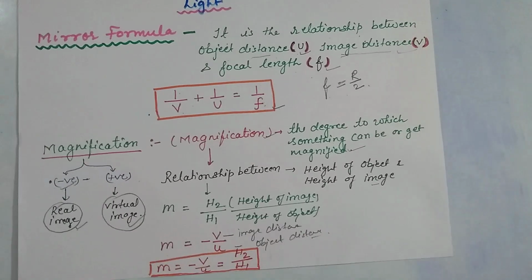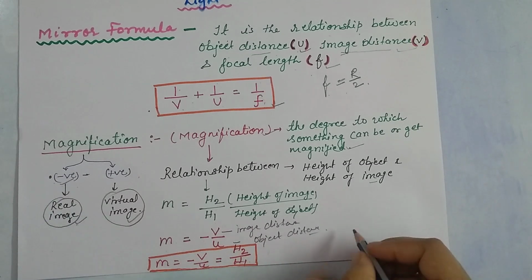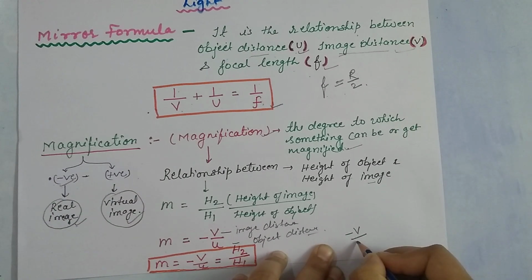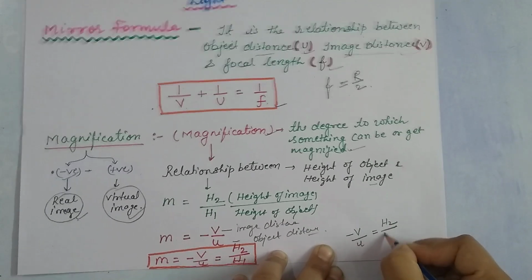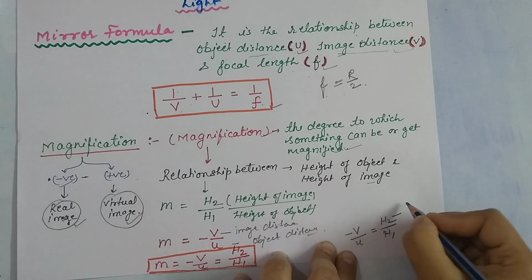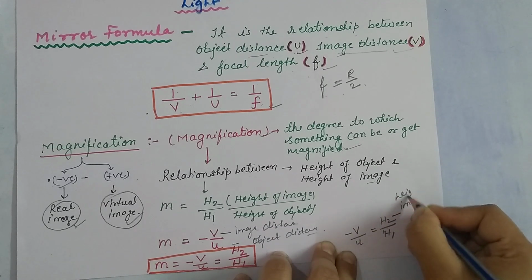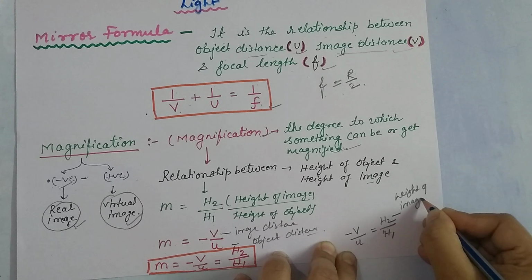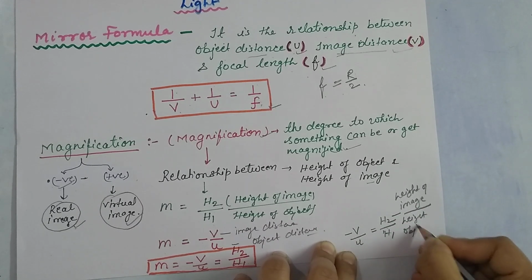So the relationship we get is that magnification m = -v/u = h2/h1, where h2 is the height of the image and h1 is the height of the object.